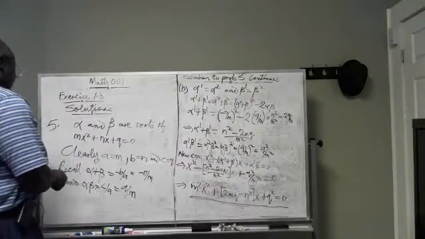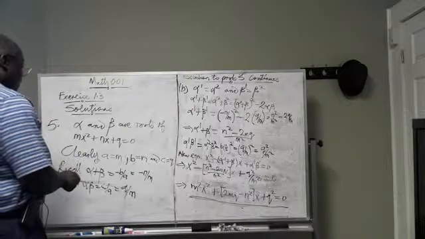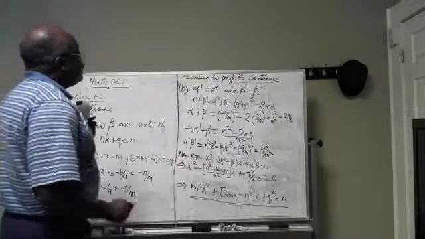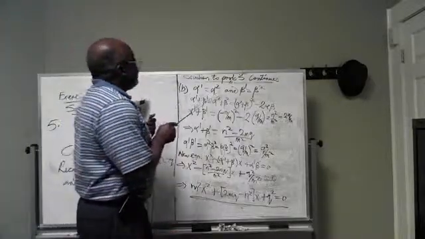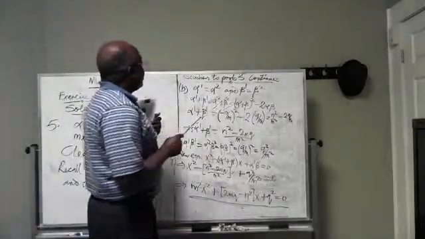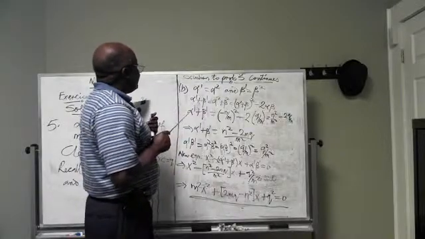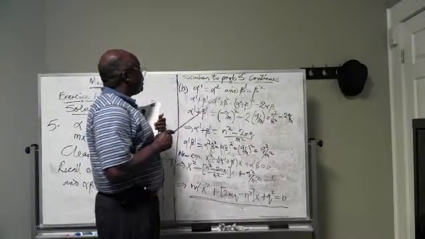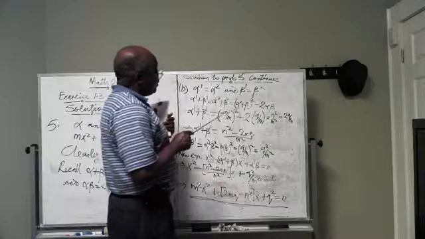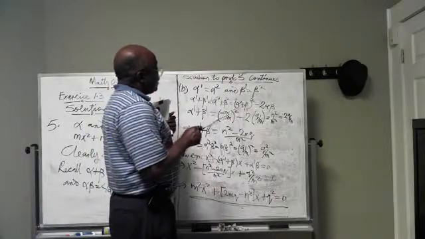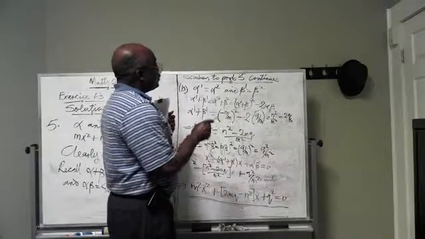And alpha beta equals c over a, which is equal to q over m. Now alpha prime equals alpha squared and beta prime equals beta squared. So alpha prime plus beta prime will be equal to alpha squared plus beta squared, which is equal to alpha plus beta all squared minus 2 alpha beta.